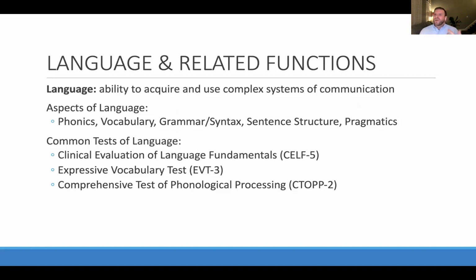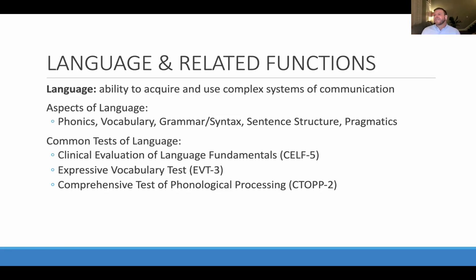We might also look at the vocabulary, our knowledge of words, but then we may want to look in a more detailed way at how it's not just the words we know, but to be able to communicate effectively, we have to use grammar and syntax and structure to put those things together in a way that communicates our ideas and our thoughts. Right. And so there can be difficulties at all of those levels.